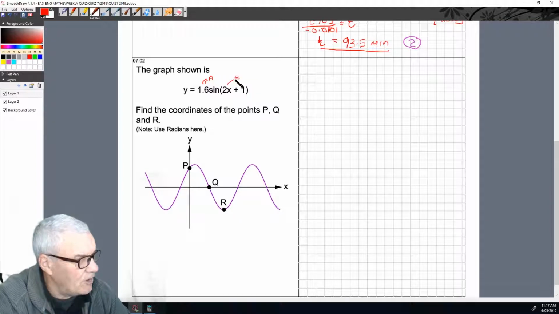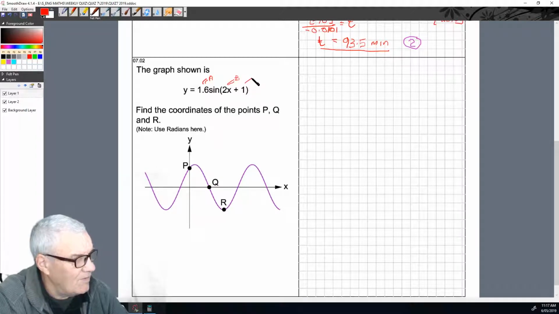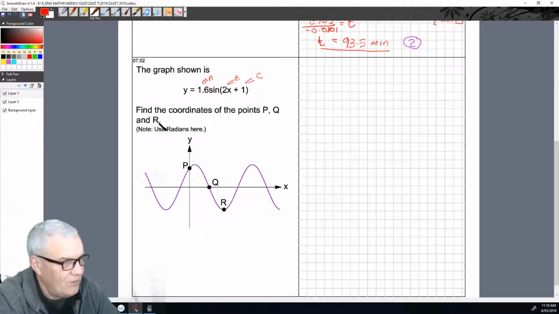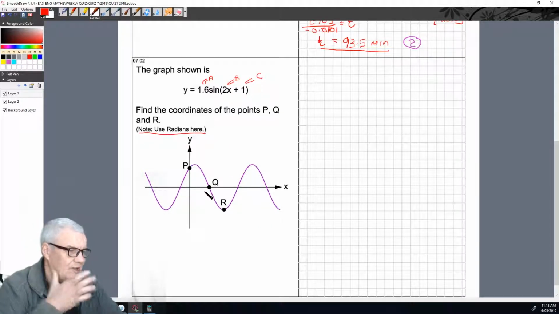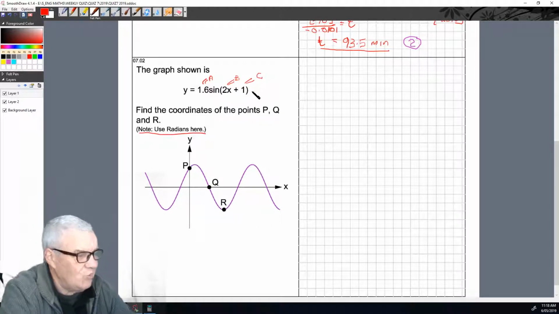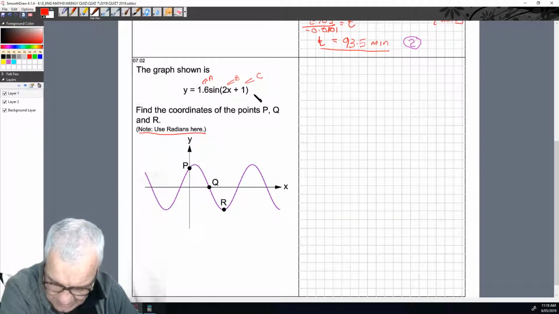In terms of the things on our formula sheets, and that's c. Very important to note here that this uses radians. So this 1 is a radian. All right.